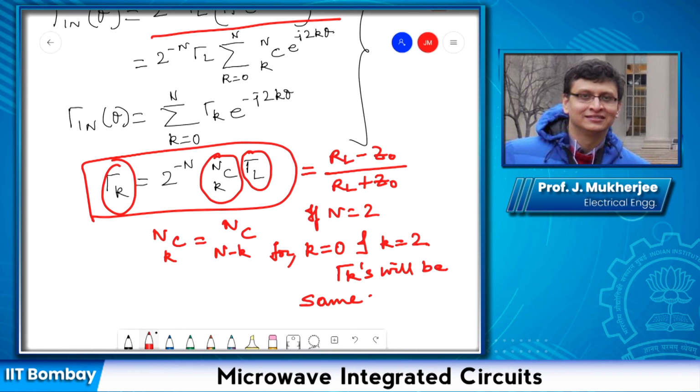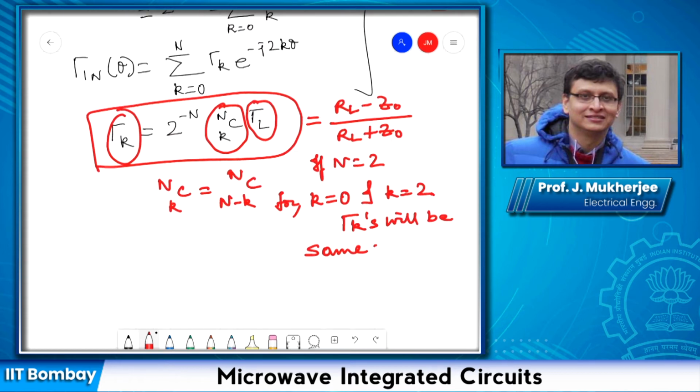Gamma L and this term 2 raised to minus n remain the same. Only this term, nCk, varies with k. So depending on whether gamma L is positive or negative, gamma k's will be either all positive or all negative.